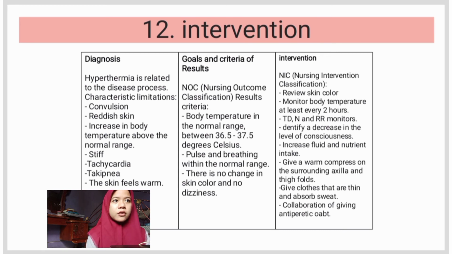Goals and criteria of result, nursing outcome classification: body temperature in the normal range between 36.5 until 37.5 degrees Celsius. Pulse and breathing within the normal range. There is no change in skin color and no dizziness.